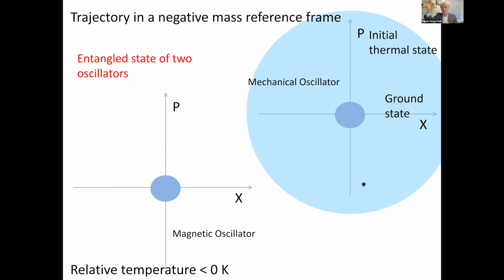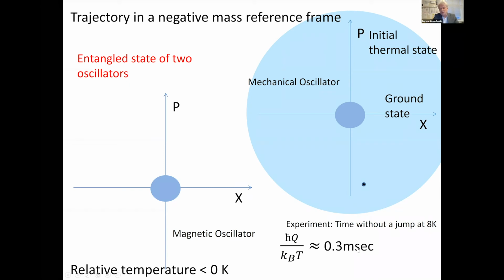As I have random exchange of phonons with the environment, my state jumps around. But if I have a reasonably long coherence time, and with my Q factor of 10 to the 9, I do have a reasonably long coherence time, then I can think of the system as just frozen somewhere for a fraction of a millisecond.